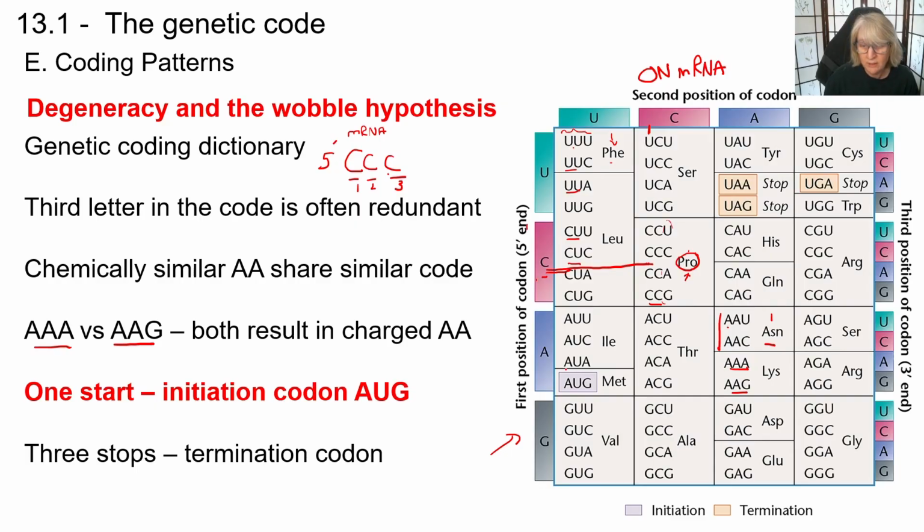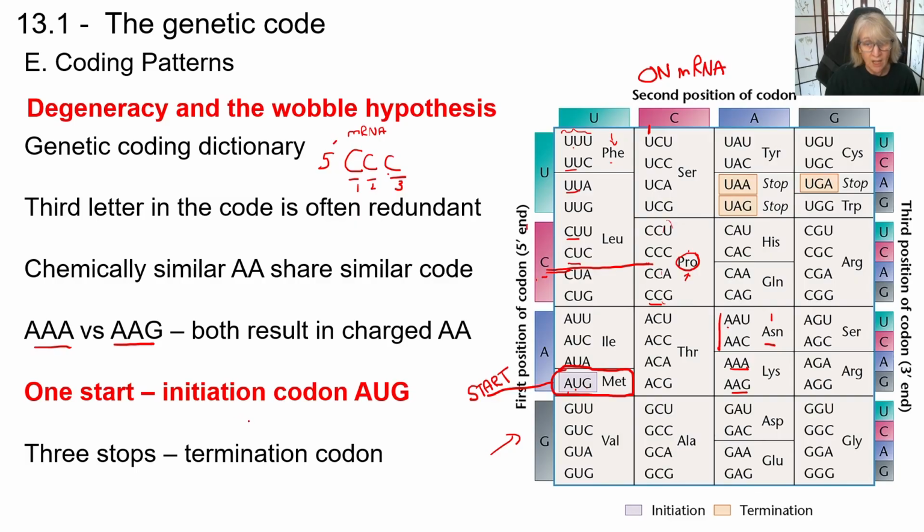I also want to point out this one right here. This is the start codon. The process of translation, when mRNA is being read by the ribosome, will not start until the sequence AUG in order is found.